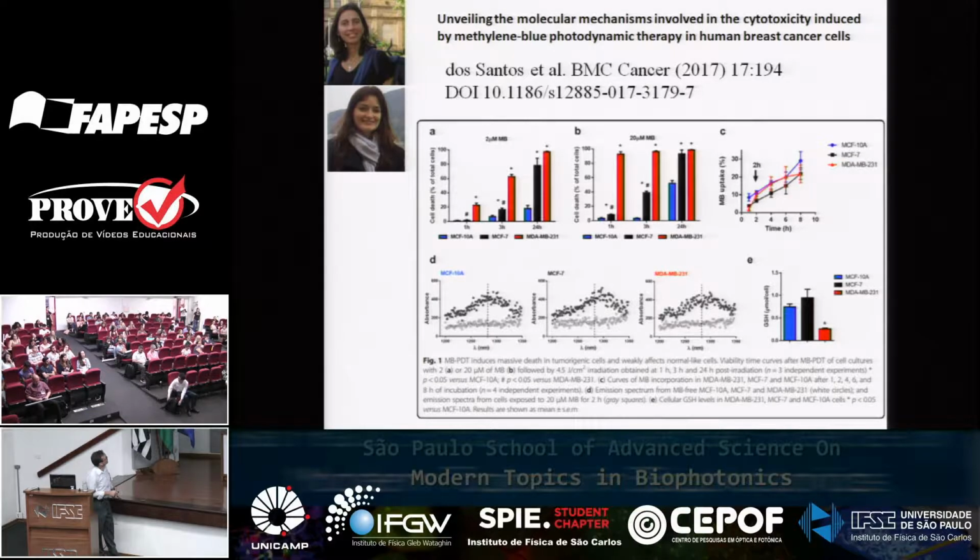And when they compare the efficiency, and this is just methylene blue photochemistry, you see this is cell death percentage, with 2 and 20 micromolar. What you see here, especially at 2 micromolar, 1 hour, 3 hours, 24 hours, is that this cell gets killed a lot easier than the other two.